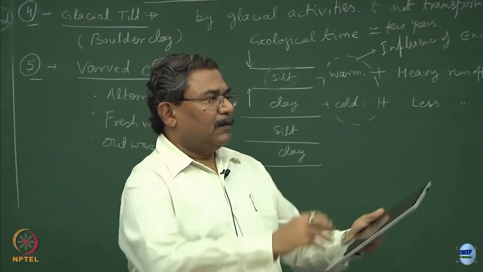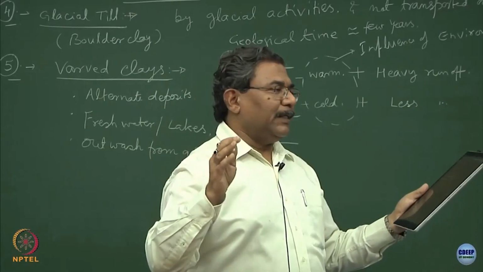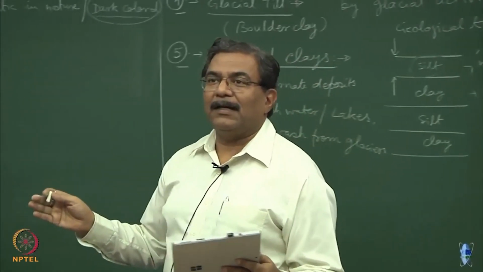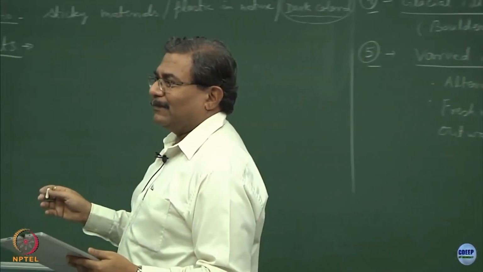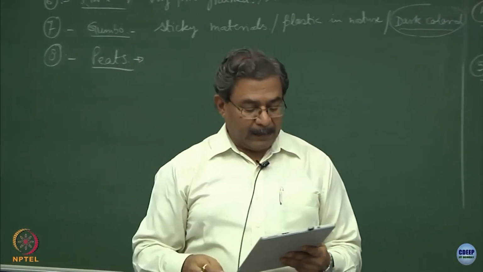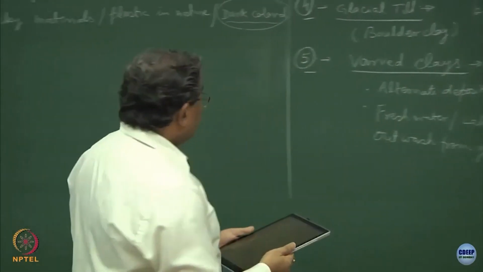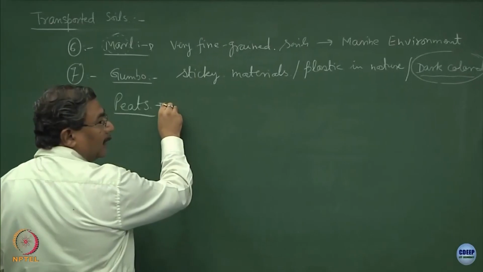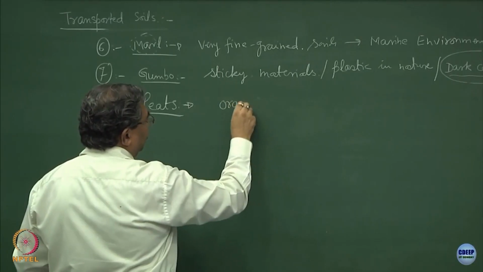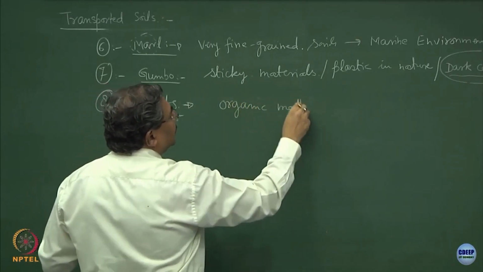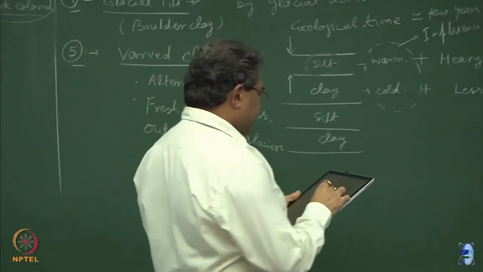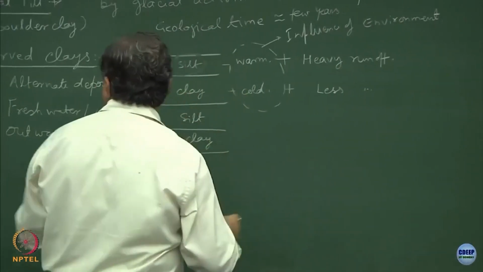So, imagine today your gymkhana ground is intact, but tomorrow morning when you get up you will realize that some part of this gymkhana ground has vanished. There are a lot of videos available on YouTube, check where these types of deposits are. Now, this type of disintegration happens because this material is highly organic in nature. A lot of organic matter is present in these soils, and this organic matter disintegrates. So, we call them organic soils.